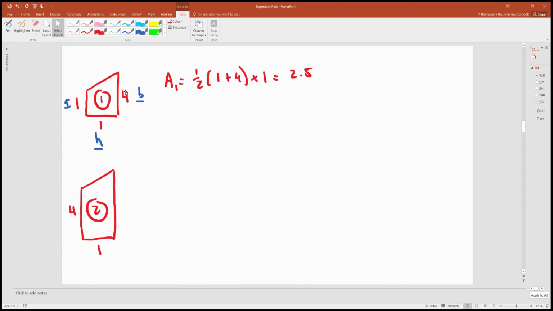Again, watch the labeling, because that's A, that's B, and that is H. So the area of shape 2 is 1/2 (A plus B) times H. 4 add 5 is 9. Half of 9 is 4.5 times 1 is still 4.5.